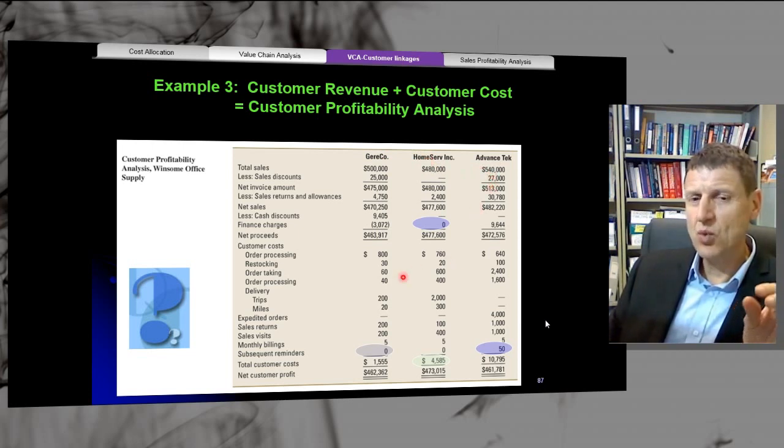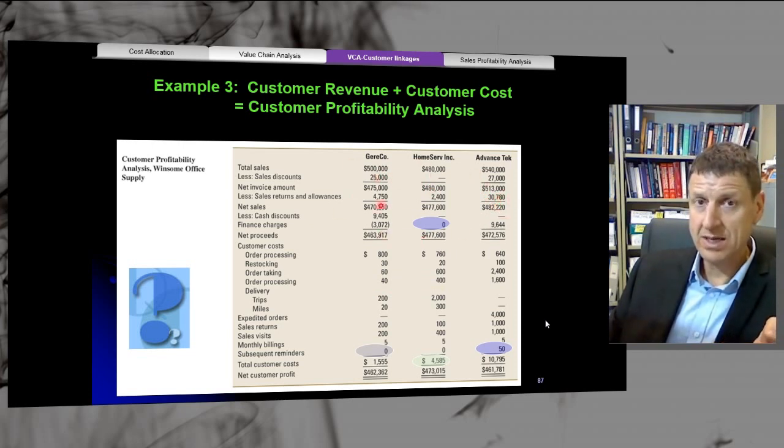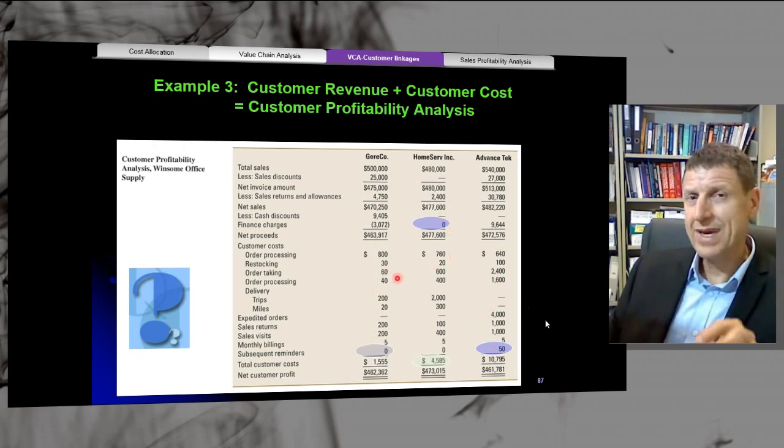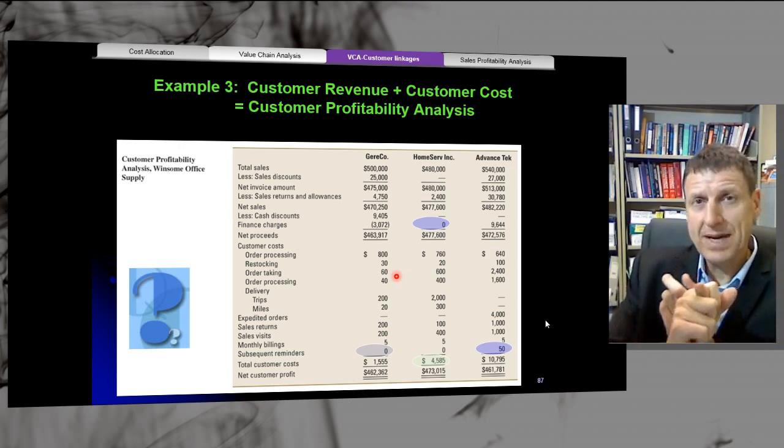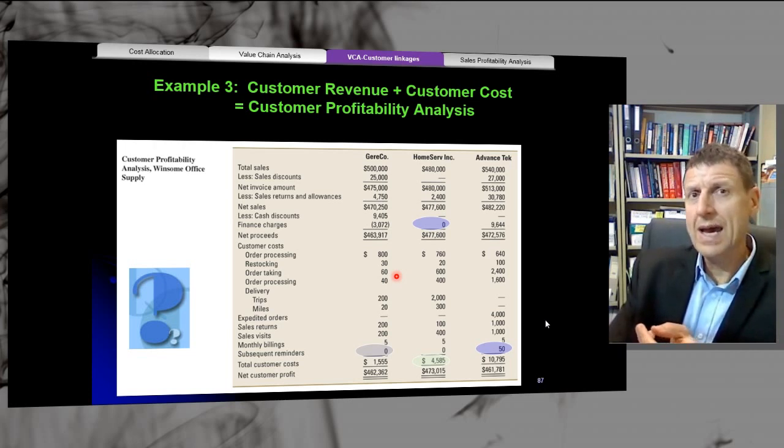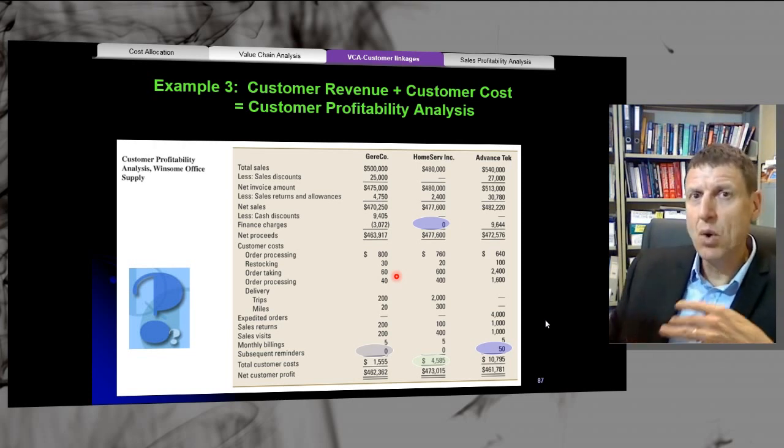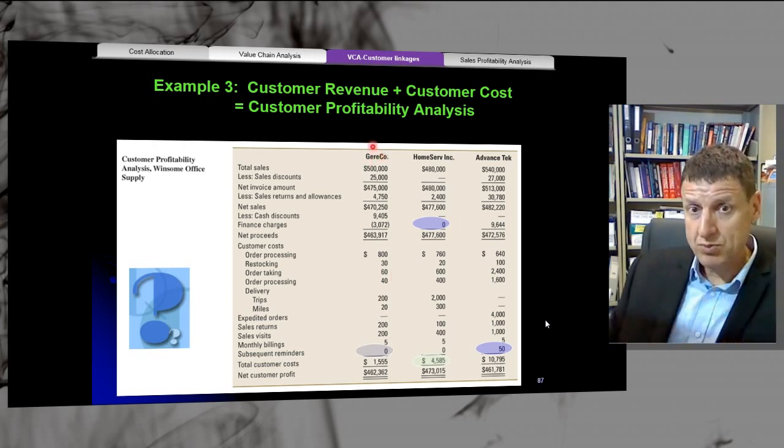It's not until we allocate cost to these different customers at the sales cost level or at the delivery cost level that we can begin to think about these different decisions about how we can better allocate our sales resources, or how we could better work with the customers so they become more like our most profitable customer.